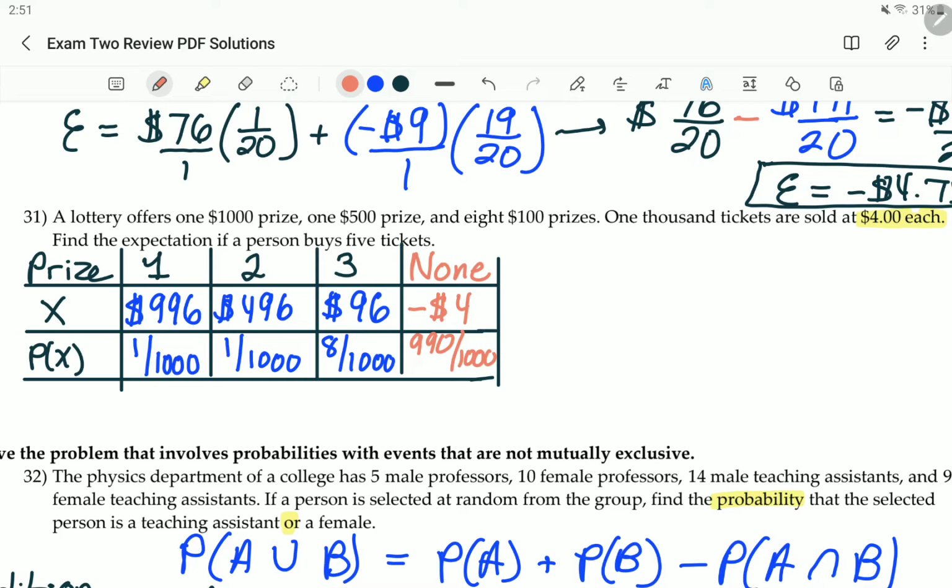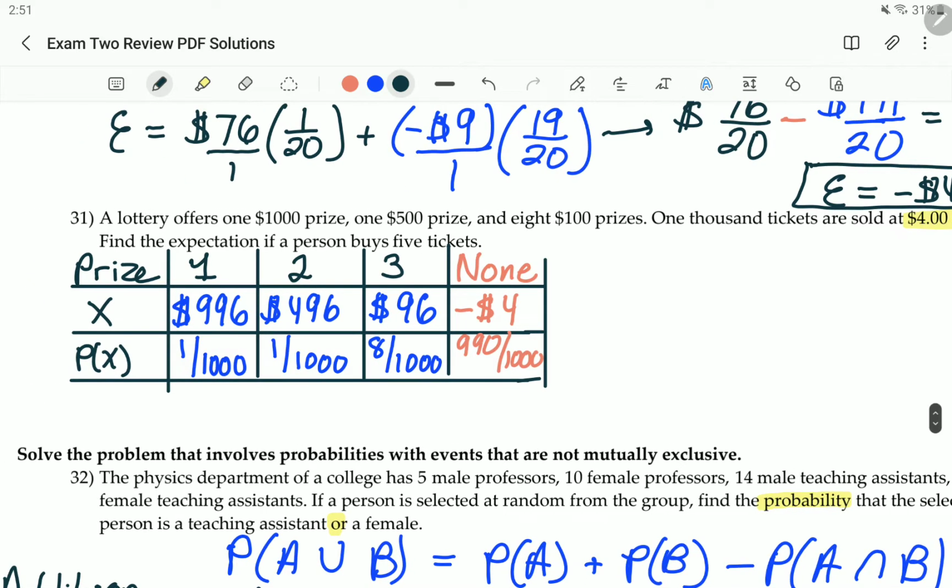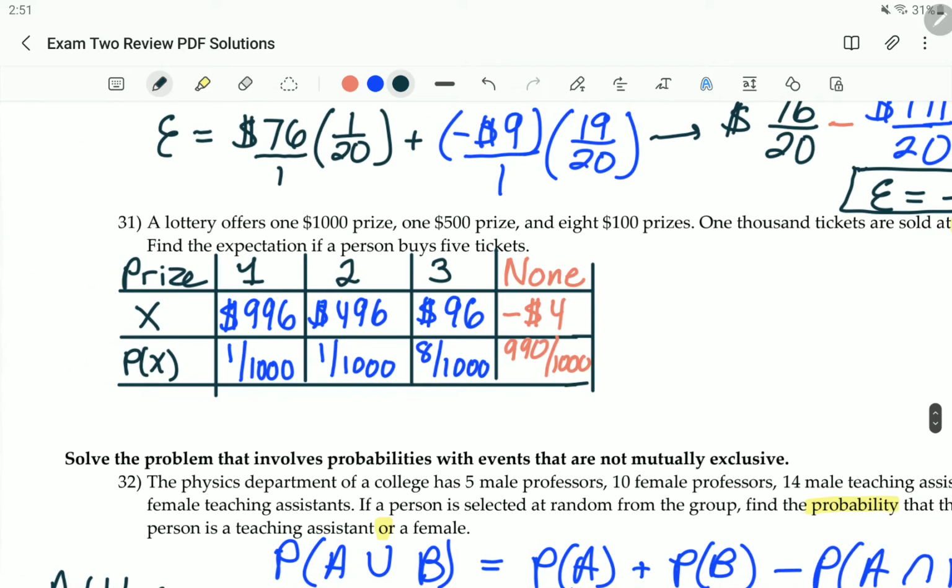Now that we set up what is called a probability distribution, we can find our expected value. Put some more space over here.